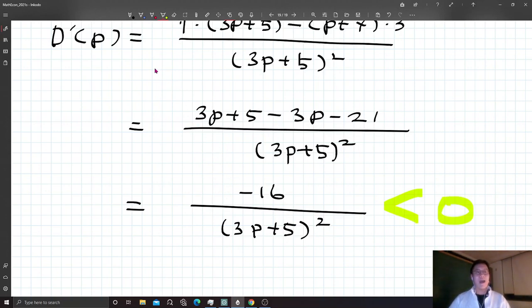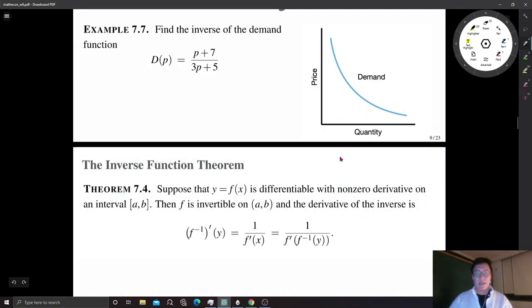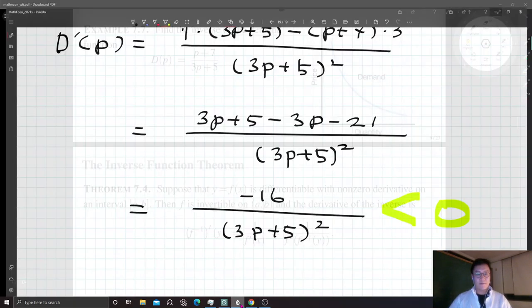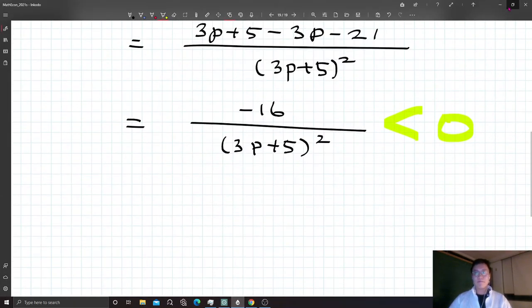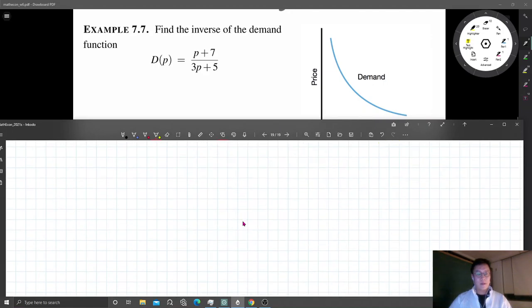So the demand function is decreasing over p. So it has this shape. So the way to find the inverse now, all right, so let me call the output Q.